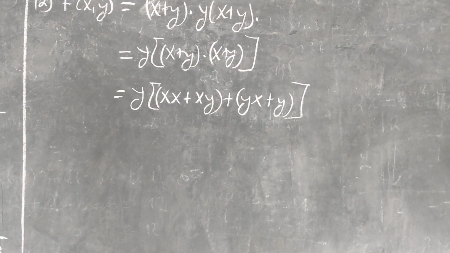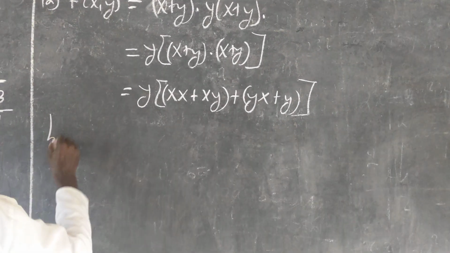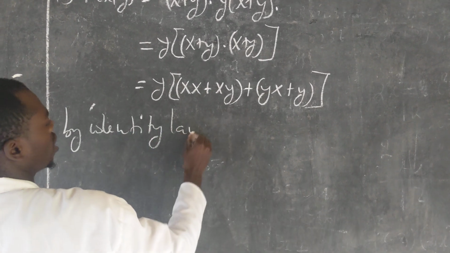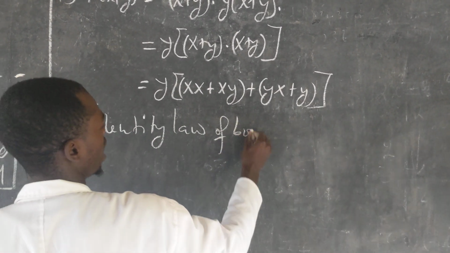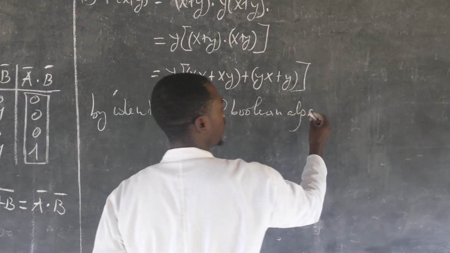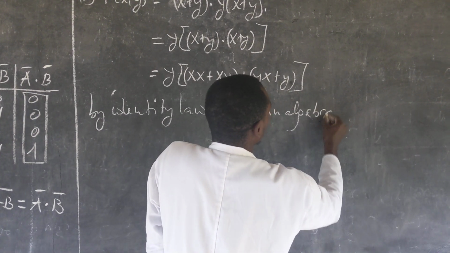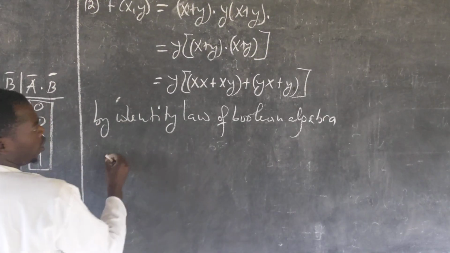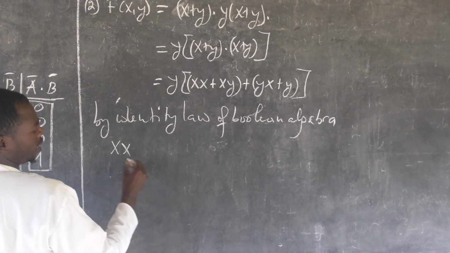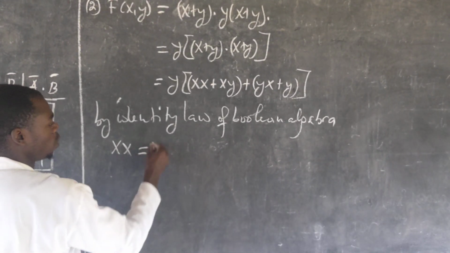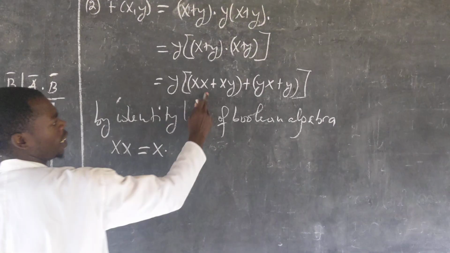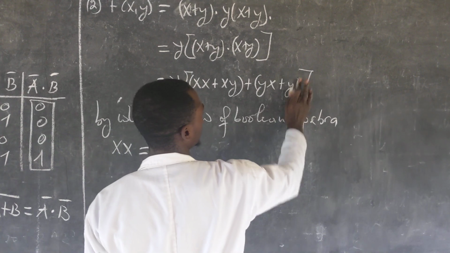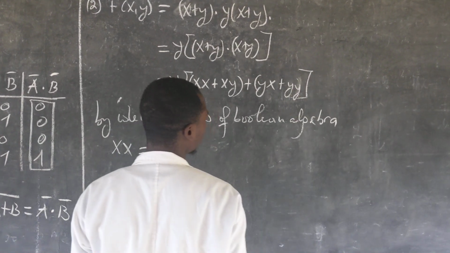So now, we know that by identity laws of Boolean algebra, x times x is equivalent to x. But here there is a small mistake: y cross y is equivalent to y. Here we have to have double y.